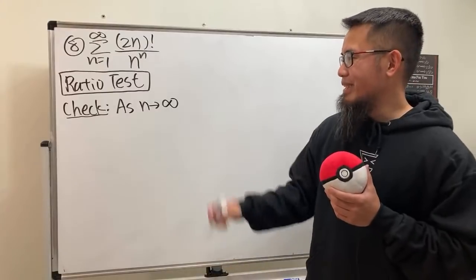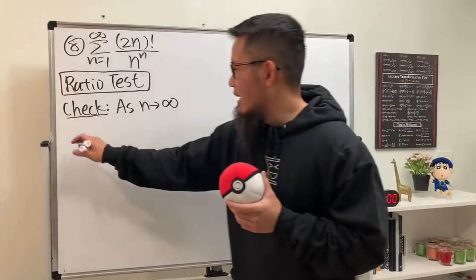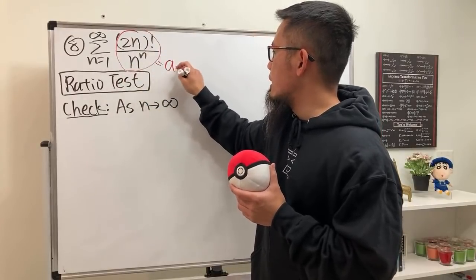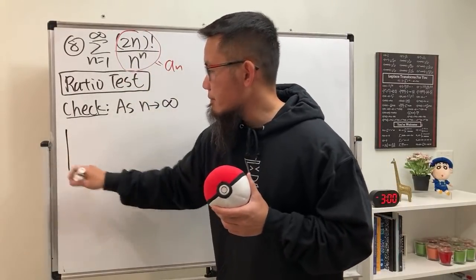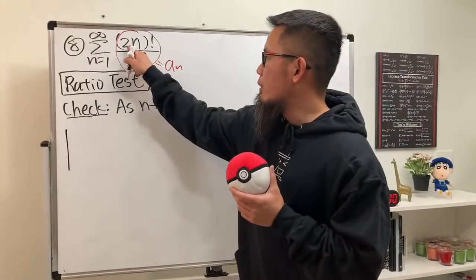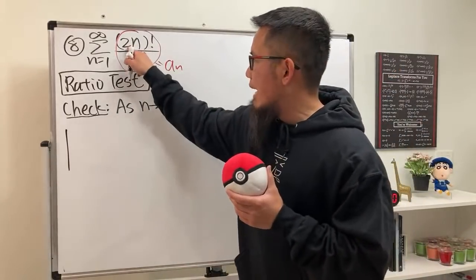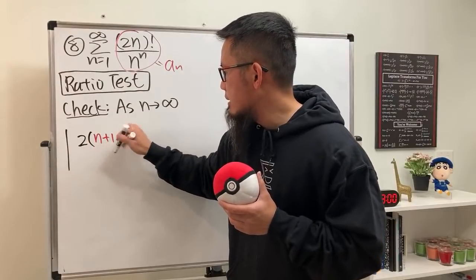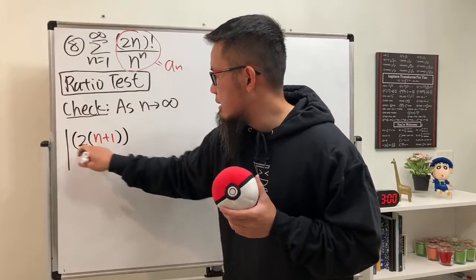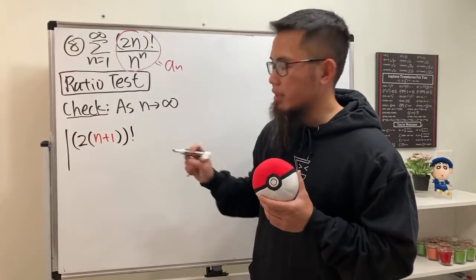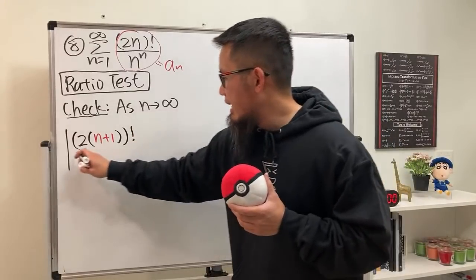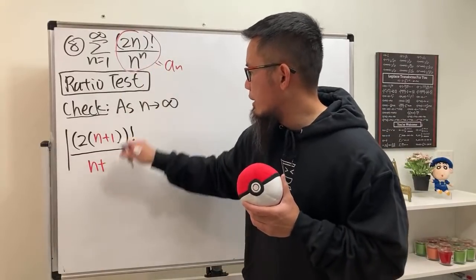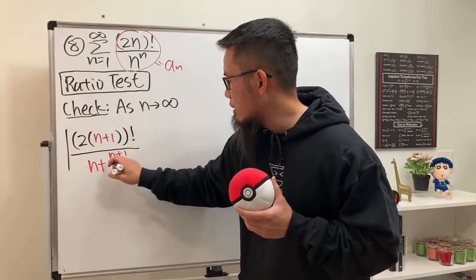Anyway, take the limit as n goes to infinity. Here is the a_n. Go ahead and put down a_(n+1), and be really careful. We have 2, and the n becomes n plus 1, and then we factorial this, divided by n plus 1 raised to the n plus 1 power.